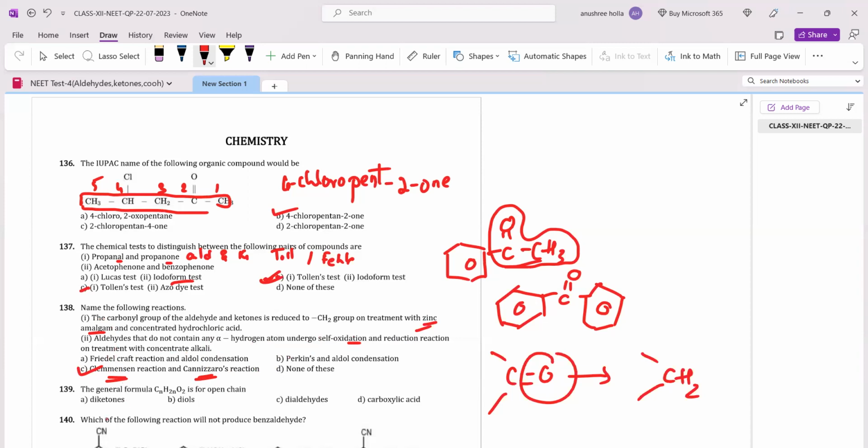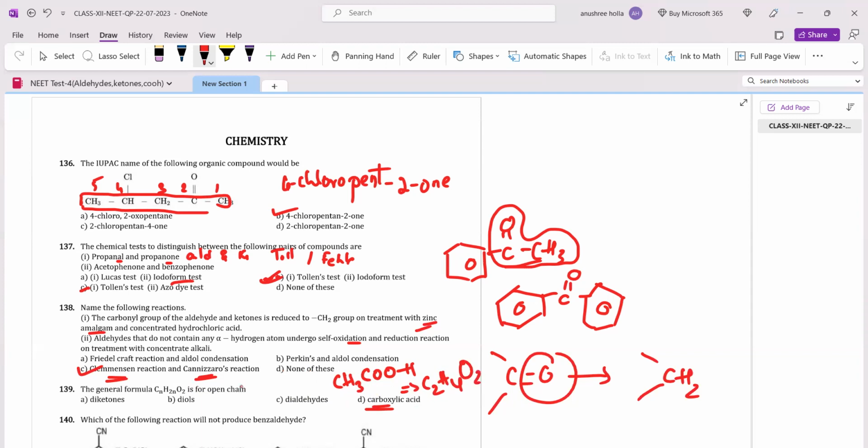139. The general formula CnH2nO2 is for open chain. They've given diketones, diols, aldehydes, and carboxylic acid. Since we have studied carboxylic acid, we know that, for example, if we take a simple carboxylic acid, CH3COOH, and write the molecular formula for this, C2H4O2.